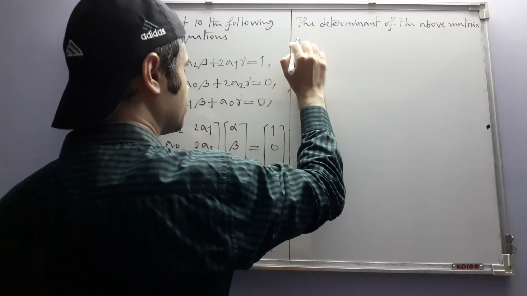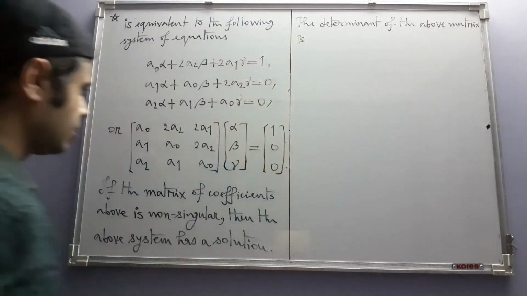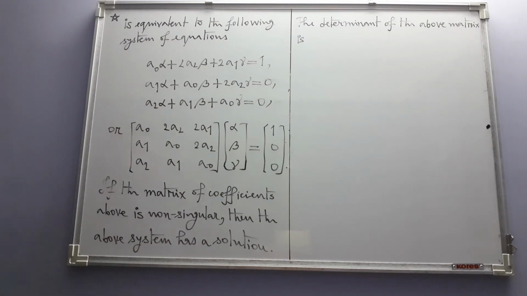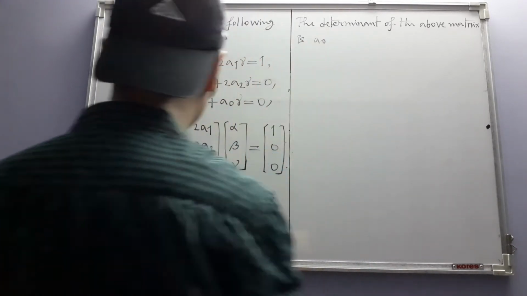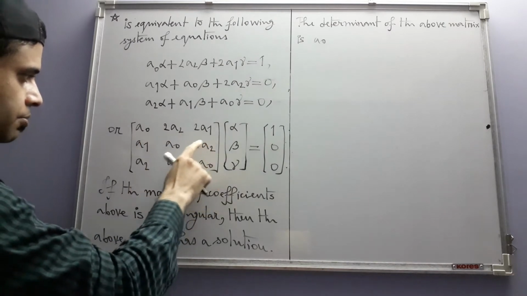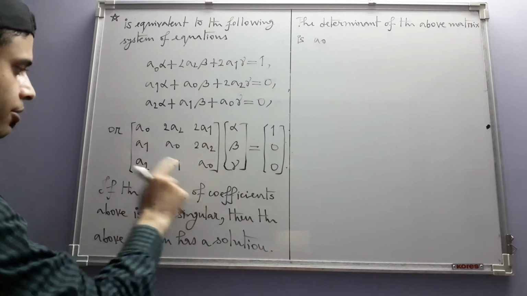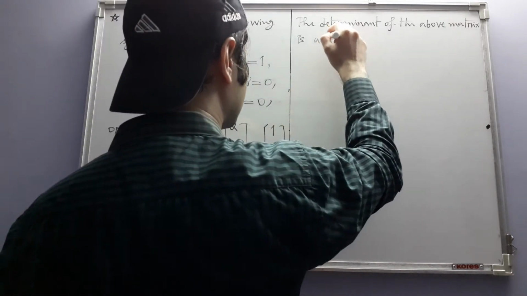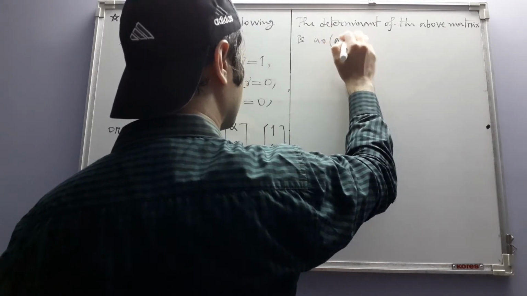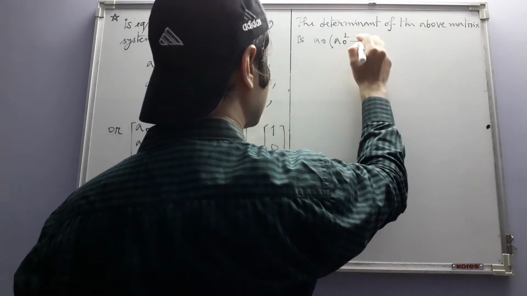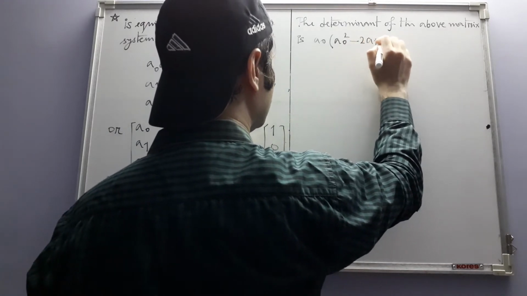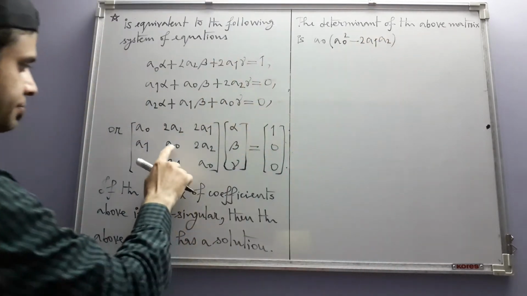The determinant of the above matrix, whose formula we already know from our school courses, is A naught times the cross product of these two things, A naught times A naught, that is A naught square, minus 2A1 A2.